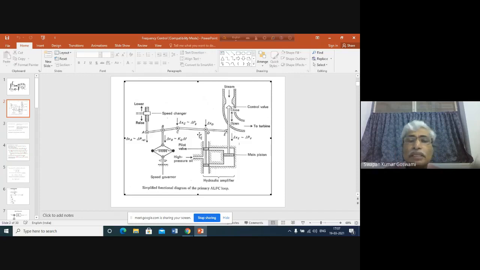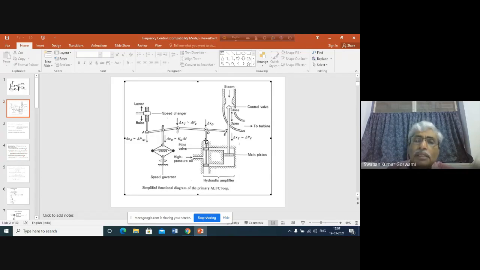We shall be writing the expression between delta XC, delta XD, and delta XE. Initially, when XE is fixed, why is it fixed? Because unless there is oil movement, E cannot be changed. So when E remains fixed, a positive movement of C creates a positive movement of D. That means when C is moved down, D also will be moving down.